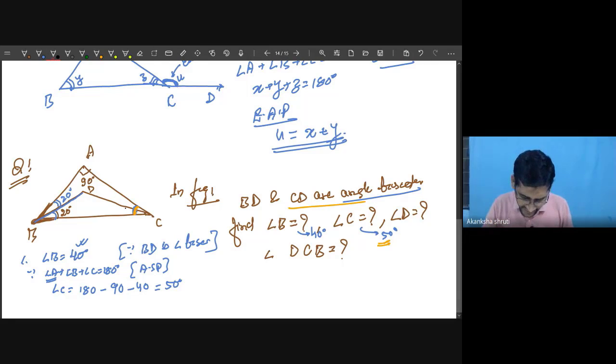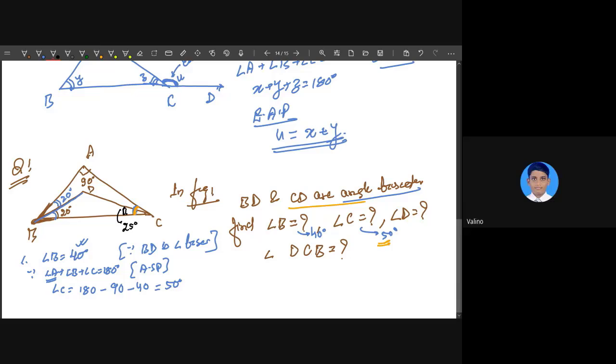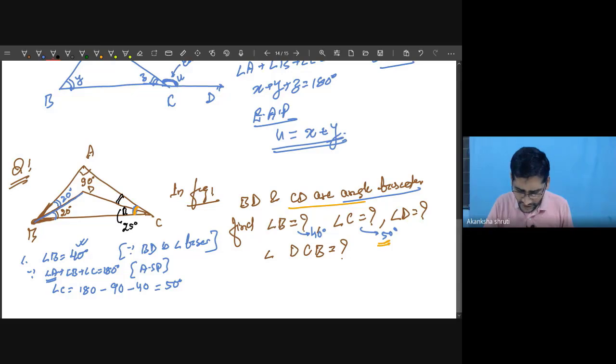Therefore this angle will be how much? 25 degree. And the other angle will also be 25 degree. Why? Because we have calculated this as 50 degree. So based on this, the other two angles we have obtained as 25 and 25.